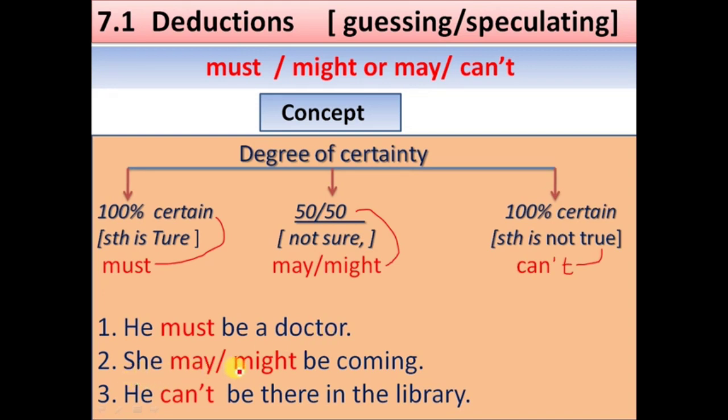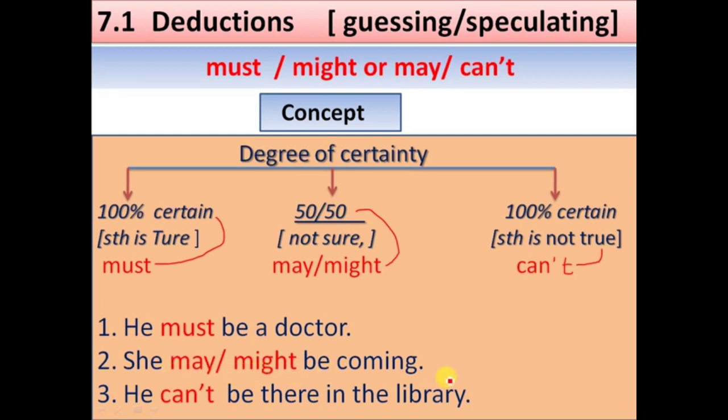Similarly, she may or she might be coming. It means that you are not 100% sure whether she is coming or not. It's only probability. So you are not 100% sure, therefore you use may or might.